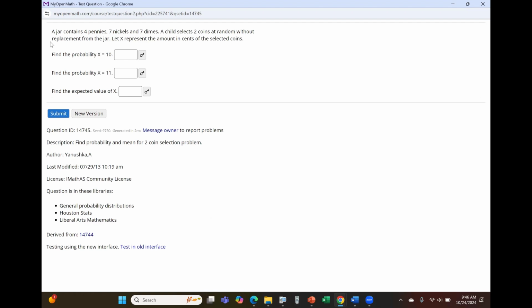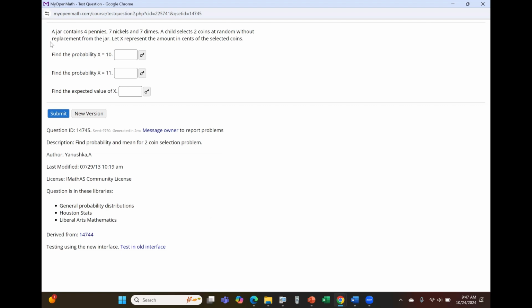The values of 2 coins when you've got dimes, nickels, and pennies: you can get 2, 6, 10, 11, 15, and 20 cents. And then you just find the probabilities of each of those. Then to find the expected value, my recommendation was to put it in your calculator and find the one variable statistics, because what you're finding when you find the probability is a relative frequency.